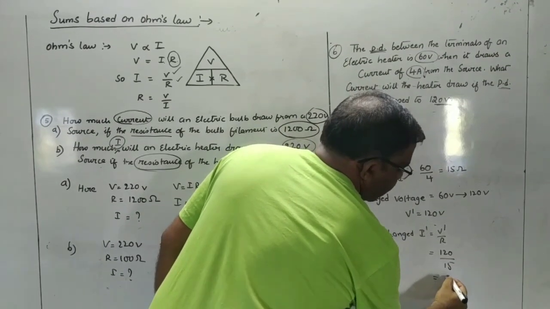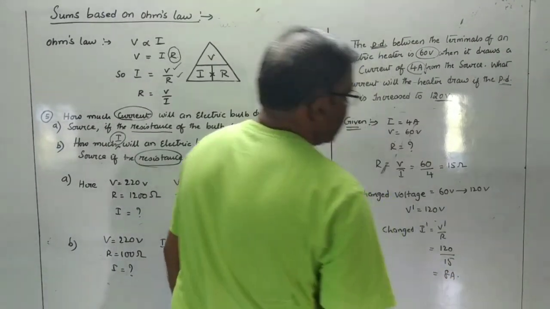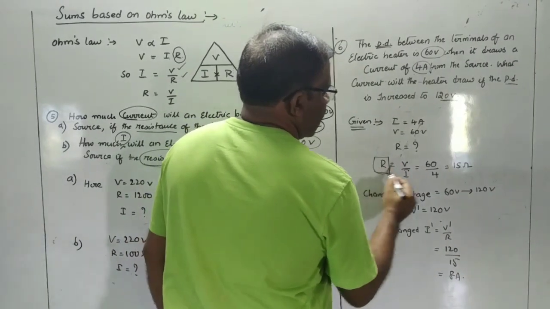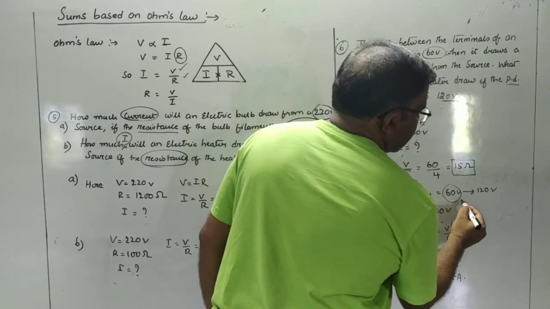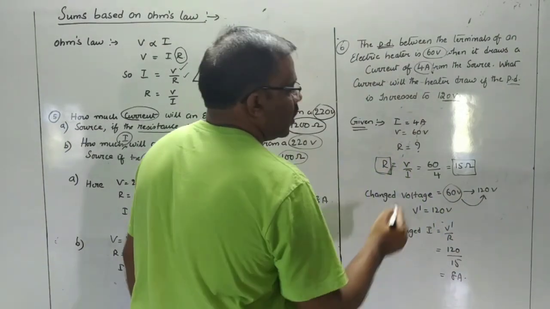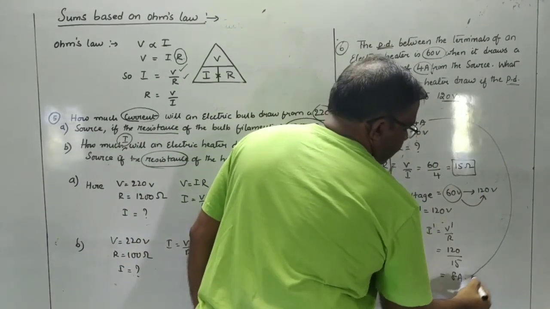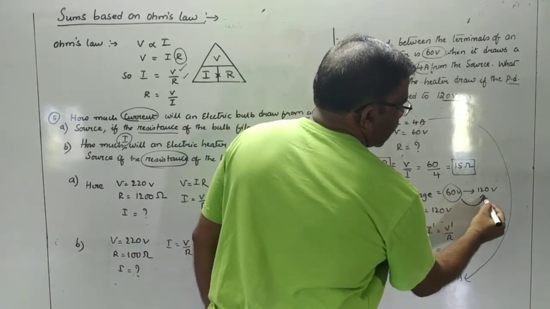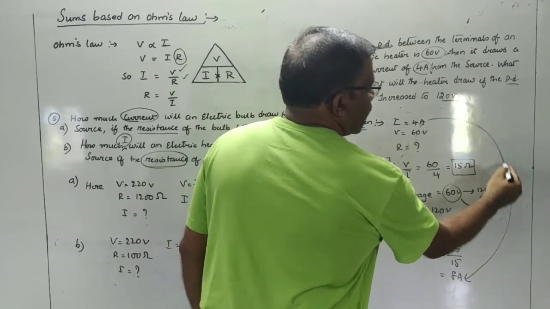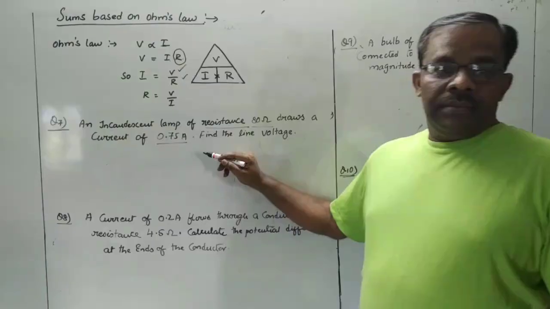So the current here will be 8 amperes. That means the resistance will remain constant. The voltage is increased from 60 volts to 120 volts, so automatically the current in the circuit will get doubled. That means according to Ohm's law, if voltage is doubled, the current automatically gets doubled.